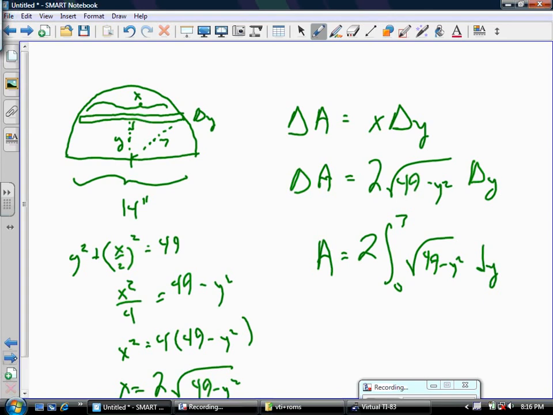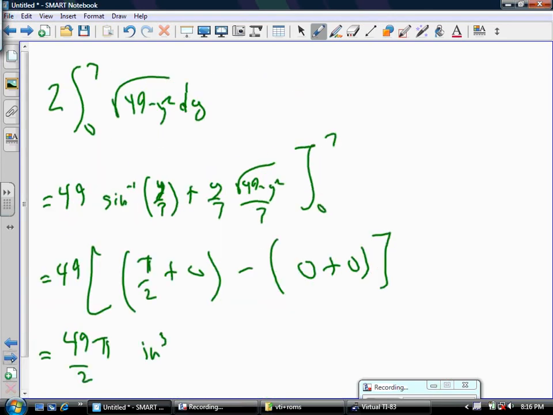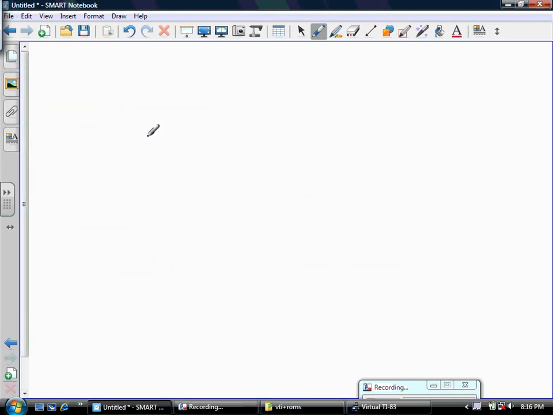Let's revisit this whole situation here, but now I'm doing it in 3D. It's like a hemisphere. I mean, a semicircle, but it's not. It's a hemisphere, so it has some depth to it.